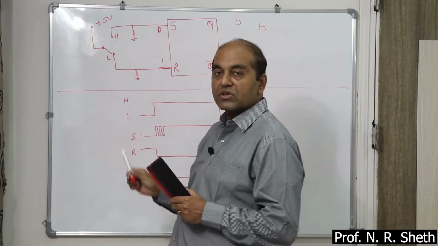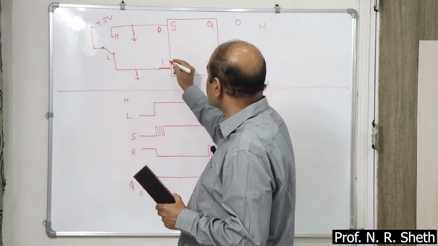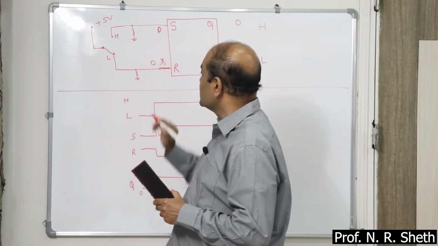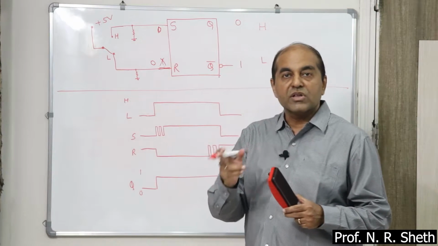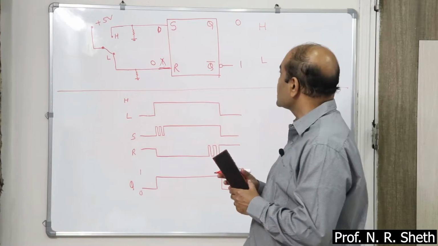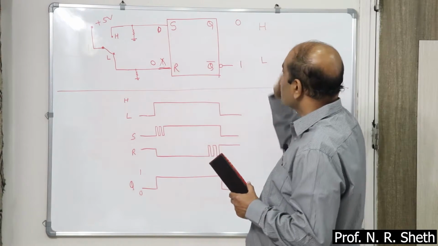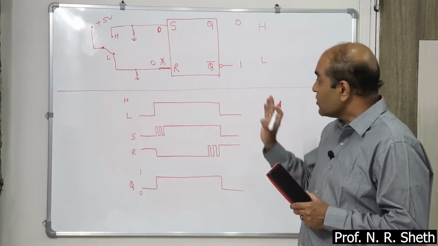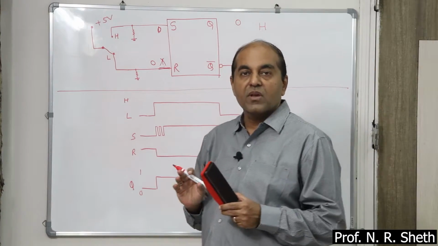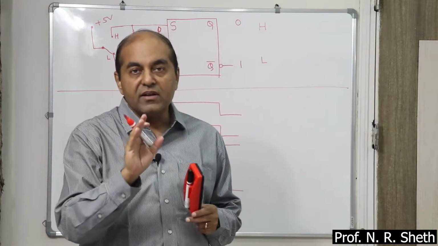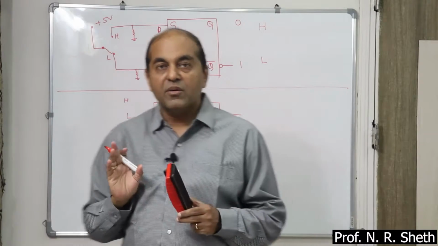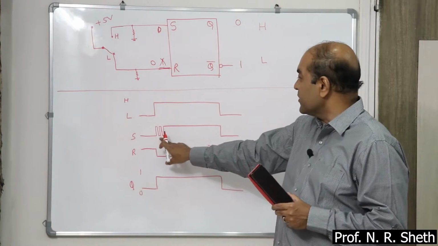This is going to lose the contact. And when it loses the contact, this becomes 0. So 0 0 means the flip-flop retains the last state. So as this is 0, it remains 0. So by using an RS flip-flop, very easily we can eliminate the mechanical bounce problem.